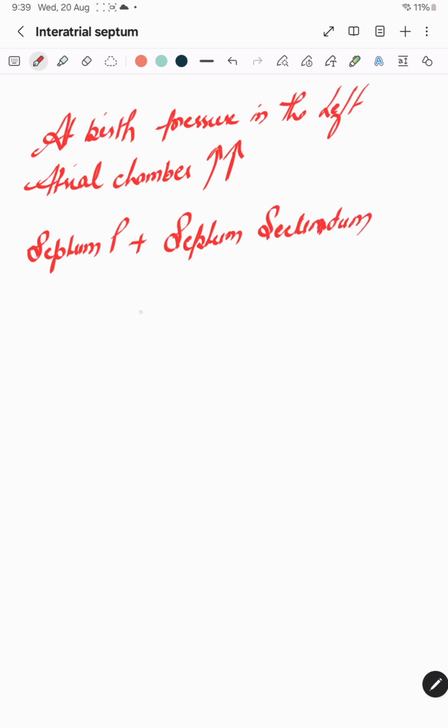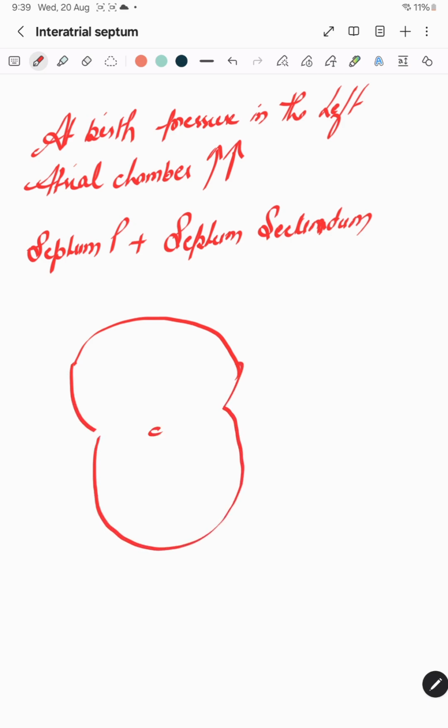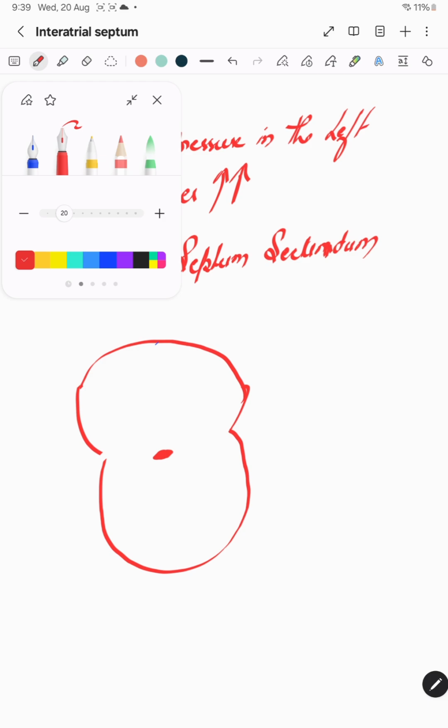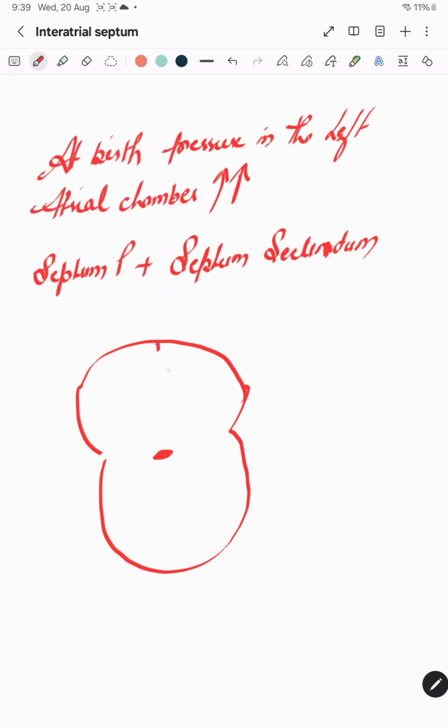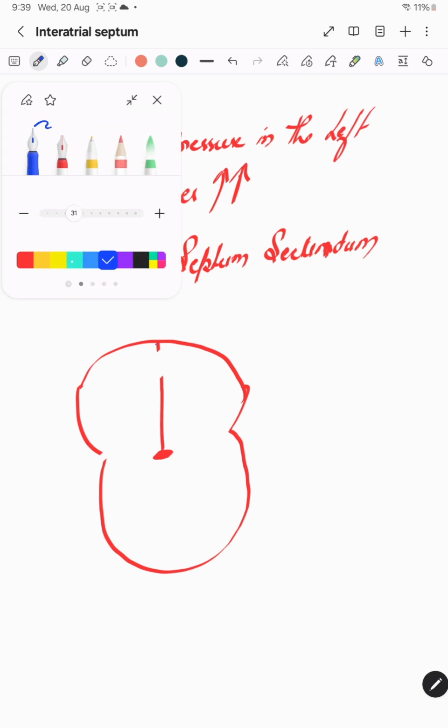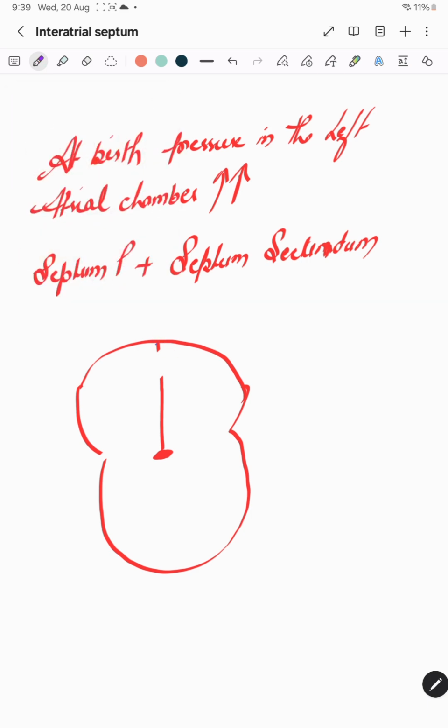So suppose this is AV cushion. Suppose this was septum primum and this was septum secundum.